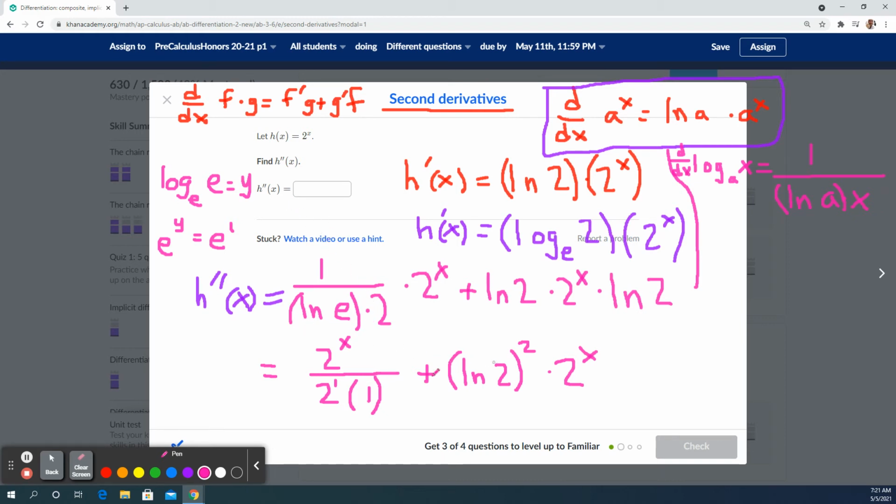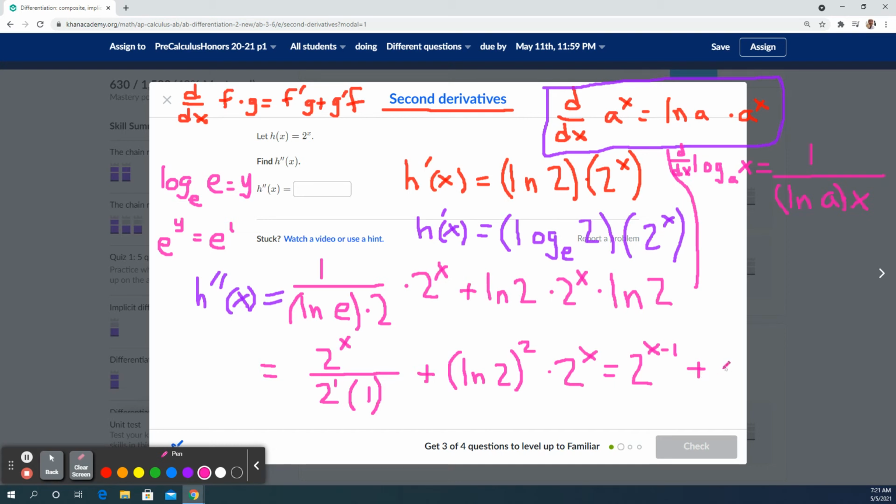It's getting a little messy and a little tricky, so I'm just going to go ahead and keep simplifying, see if anything happens. So when we have the same base here, that means we are subtracting the exponents, and the subtraction is going to be the 1 on the bottom.